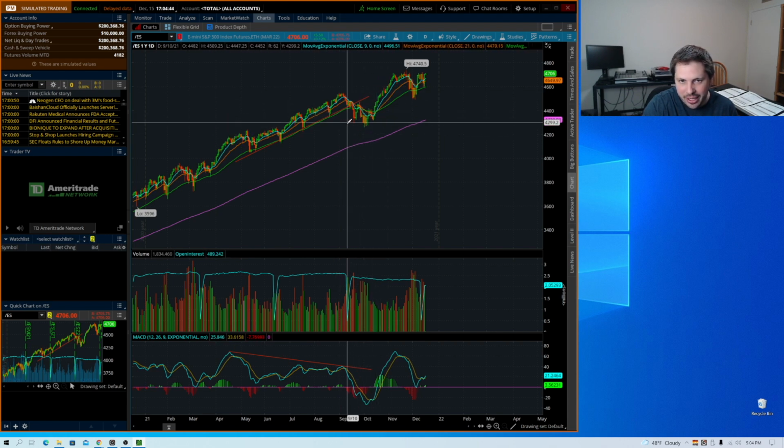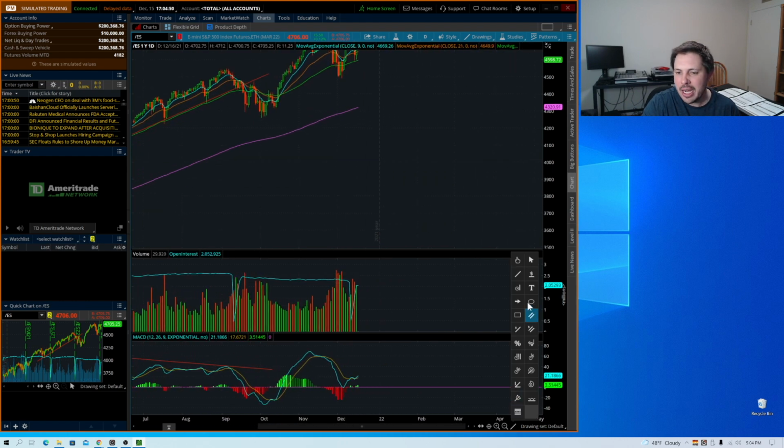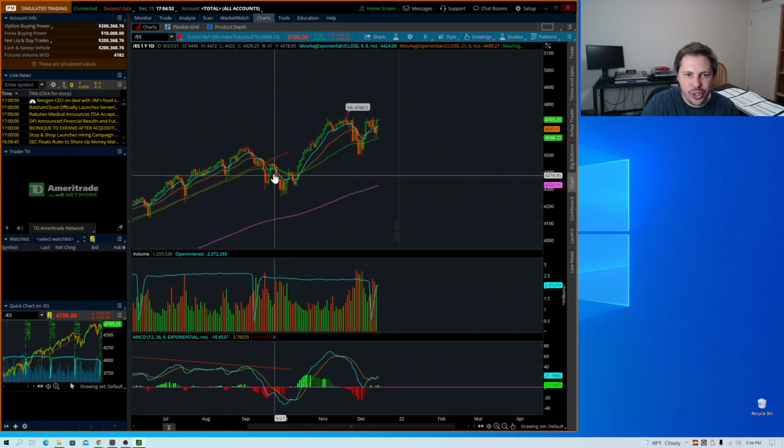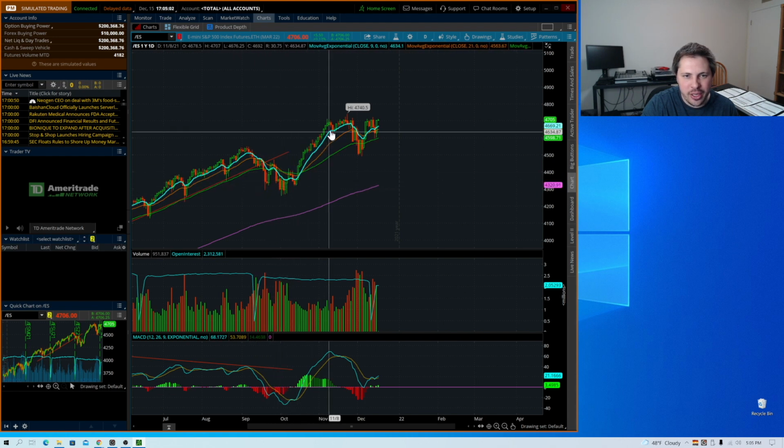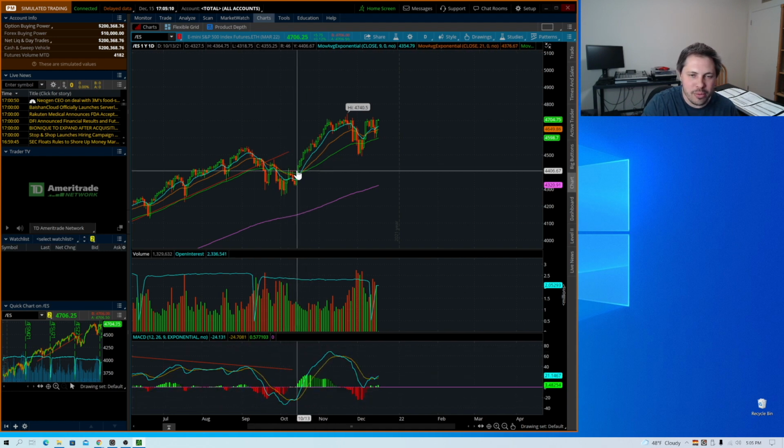But then, if we get really technical here, we can see that this is actually like a reverse head and shoulders pattern, right? Where we have this neckline, we have one shoulder, here's the head, here's the other shoulder, and then a reversal. And we can see on the MACD that this trend is being confirmed to continue back up.